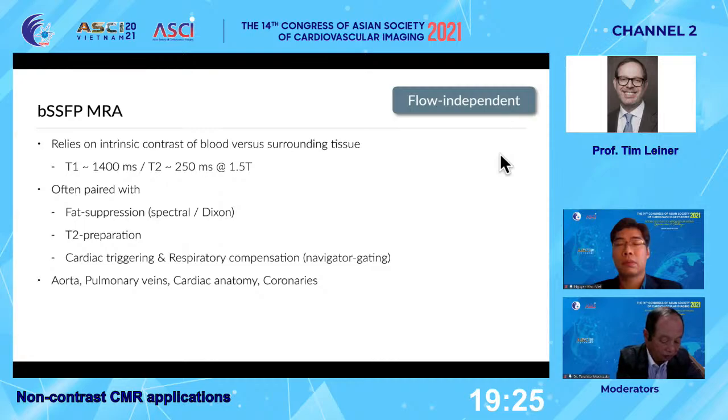And the nice thing is that this can be combined with techniques like fat suppression using either spectral pulses or Dixon techniques. It can be paired with T2 preparation, and it can be paired with cardiac triggering and respiratory compensation if we're imaging structures in the chest. These techniques are outstanding for imaging the aorta, the pulmonary veins, cardiac anatomy, as well as the coronary arteries.